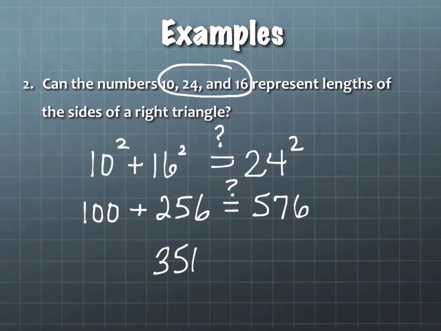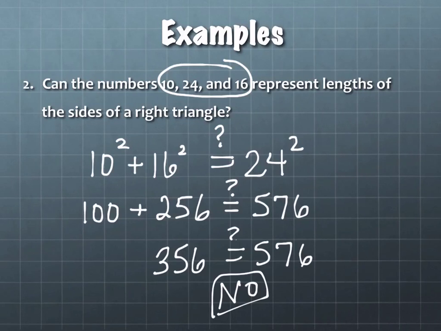Does 356 equal 576? No. Those are not equal, right? So we need to make sure we answer the question. The question asked us, can these numbers represent the lengths of a right triangle? And the answer is no, they cannot. They cannot be the lengths of a right triangle.